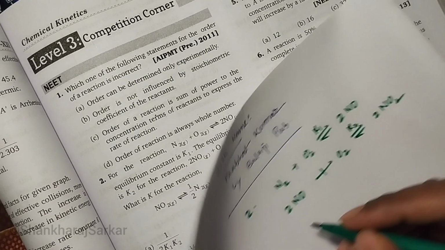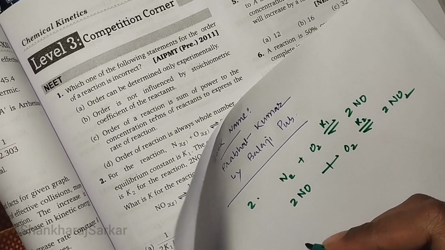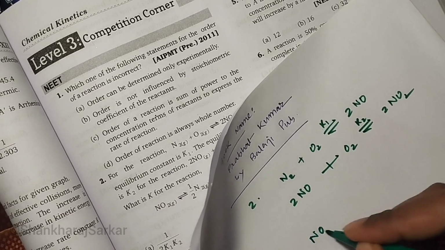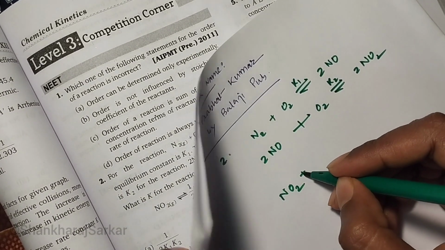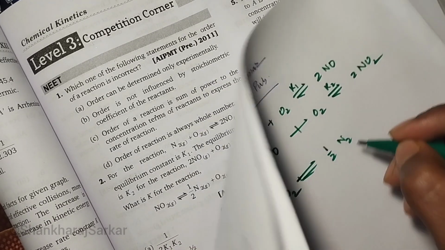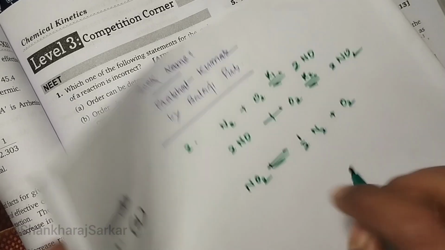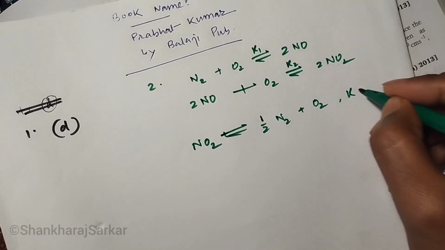Now the reaction that is given is NO2 reversible to half N2 plus O2. For this reaction we have to identify the value of K.